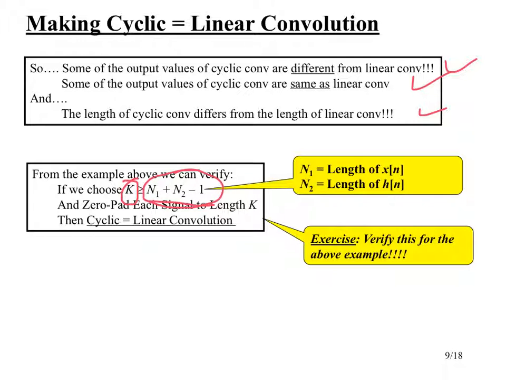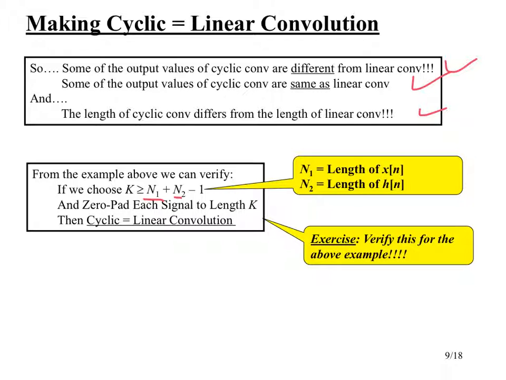So what we're doing is choosing a number k bigger than the length that we expect from the linear convolution of the two individual sequences. And then we're going to zero pad each signal out to that longer length k. So the signal of length N1 will have at least N2 minus 1 zeros added onto it, and the signal with length N2 will have at least N1 minus 1 zeros added onto it.